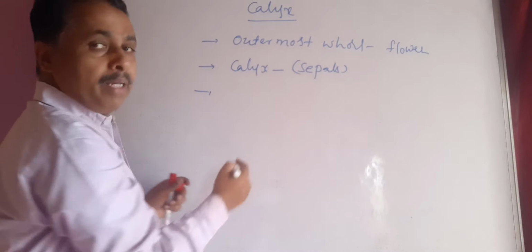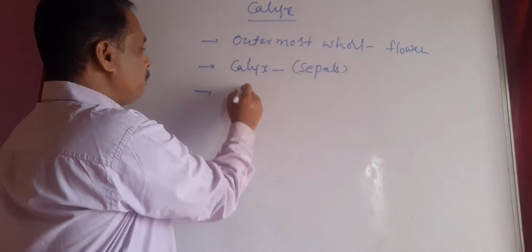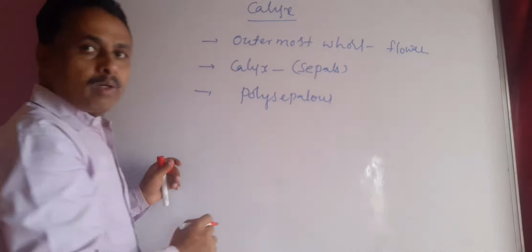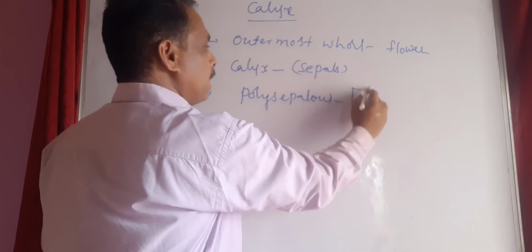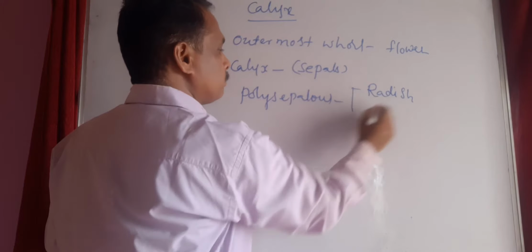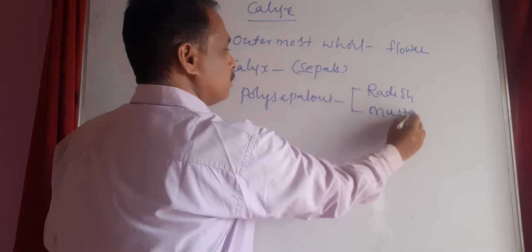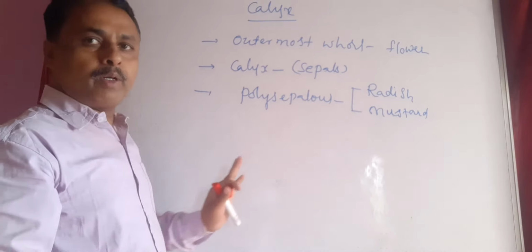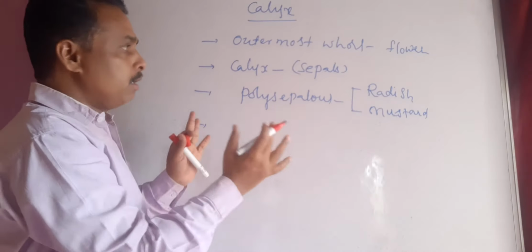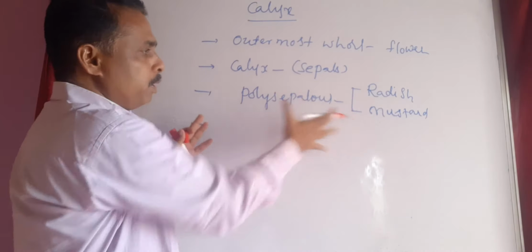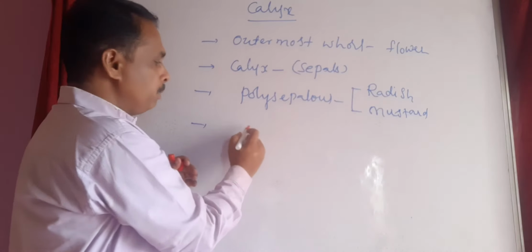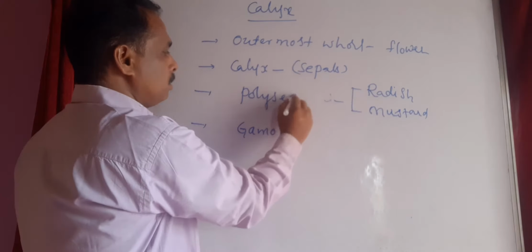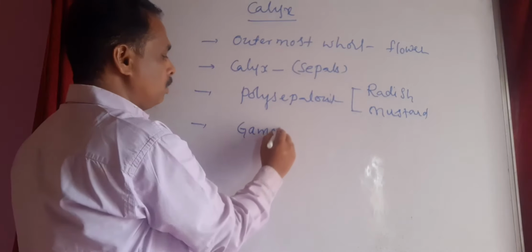If the sepals are free in a flower, it is called polysepalous. Example: radish, mustard. If the sepals are fused, or united, it is called gamosepalous.